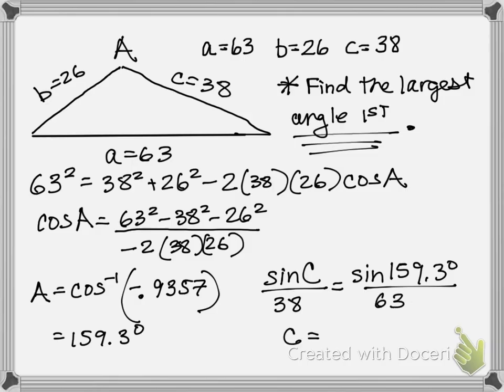And then I'll just do that calculator key-in and get that angle. I get 12.3 degrees. And of course, filling in here, I've got 159.3 degrees. Angle C is 12.3 degrees. And then I can find angle B by the rule of 180. 180, subtract, and I get 8.4 degrees.